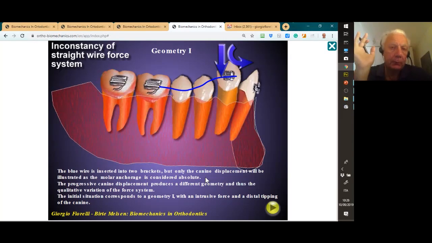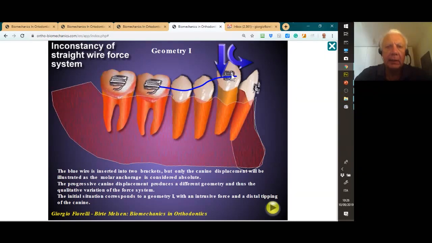So what we have at the beginning is not what we will have during the movement of the tooth. And why is this? Let's have an example. I have a two bracket system including this molar and this canine.